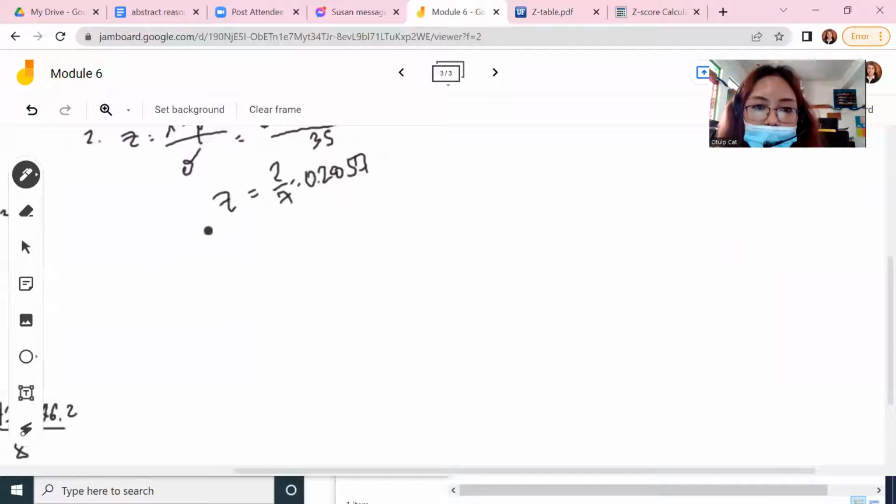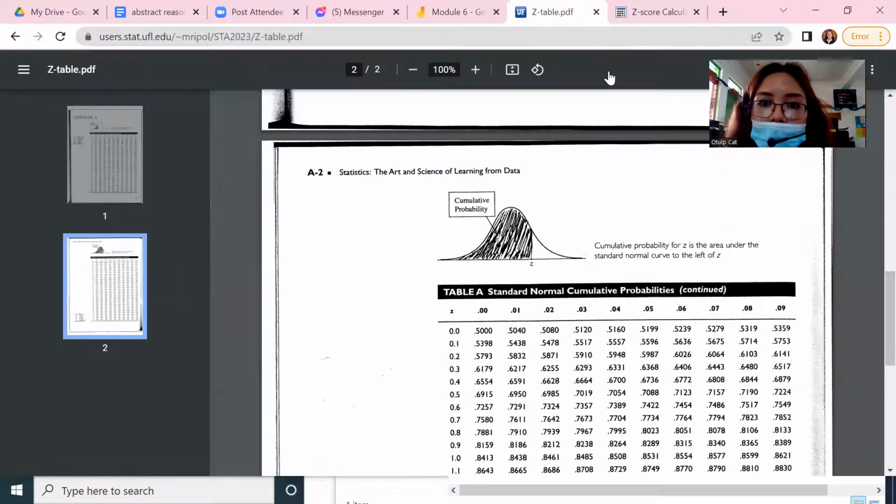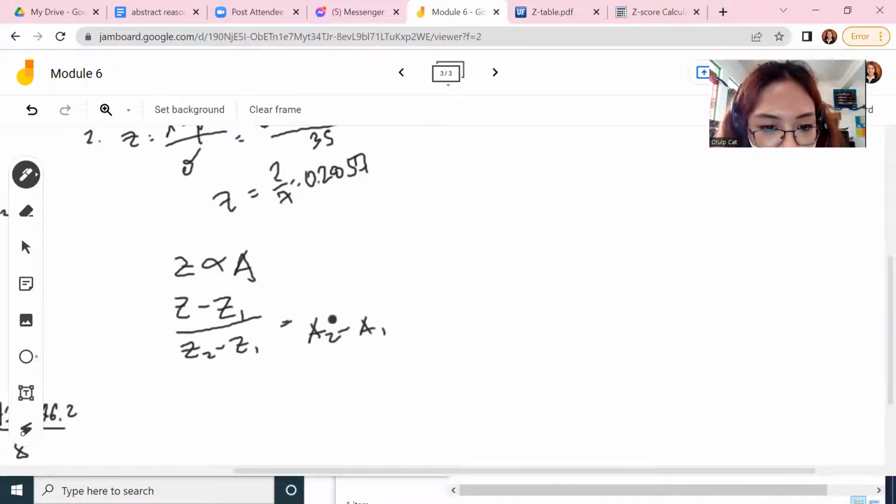How do we do this then? We use ratio and proportion. If z is directly proportional to the area under the curve, then the calculated z is related by (z minus z1) over (z2 minus z1) equals (A minus A1) over (A2 minus A1).